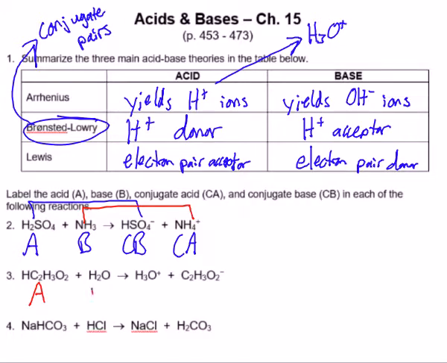Water is going to be the base. And then hydronium is your conjugate acid. Yep. And acetate is your conjugate base. Absolutely. Same thing, guys. These 2 formulas go together. It's losing a hydrogen. And then H2O and H3O plus go together. And it's gaining the hydrogen. All right? It's gaining a hydrogen.